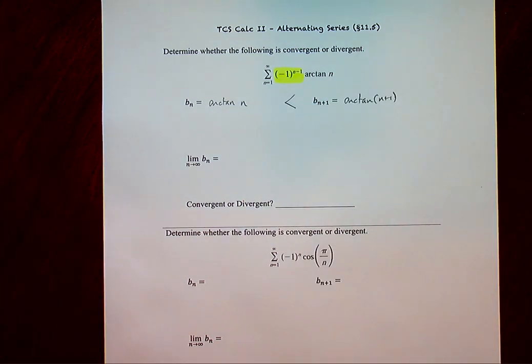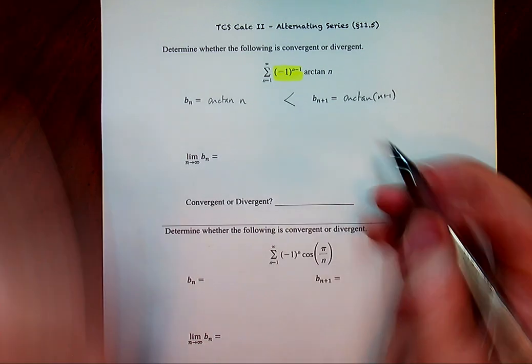Think about the graph of arctan. It has an upper bound because it has that horizontal asymptote at y equals pi over 2, but it is always increasing toward it, and therefore each successive n value will bring you closer and closer to that pi over 2, but it still winds up being larger than the preceding term. Okay, so that does not work.